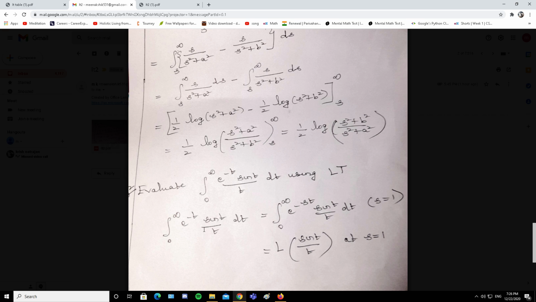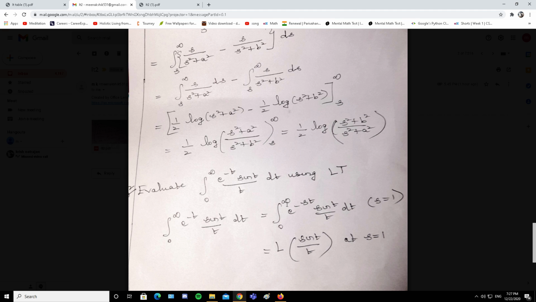So how do you get this integral? It is by taking s as 1. So it is the same as Laplace of sin t by t. I repeat, whenever you have to evaluate the integral using Laplace transform, in the exponential term, replace t by st. Whatever you have, suppose if you have 2t, replace 2t by st. You have 1t here, so we are replacing 1t by st. So the given integral is the same as this integral at s equals 1.